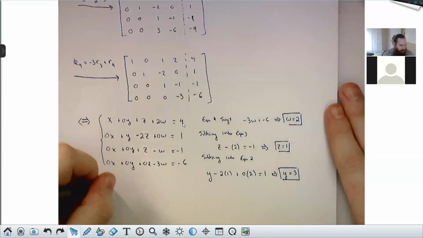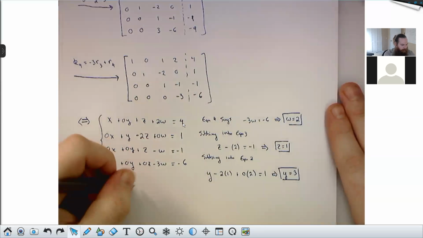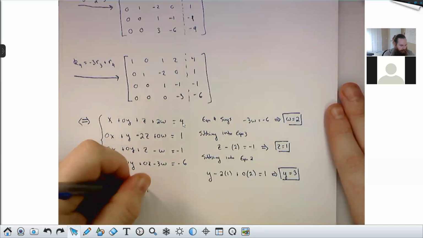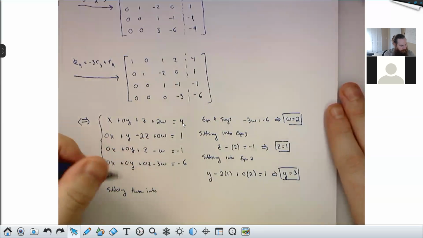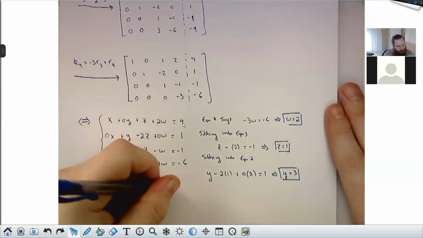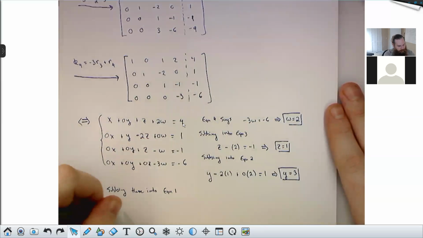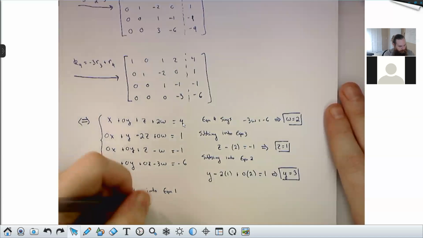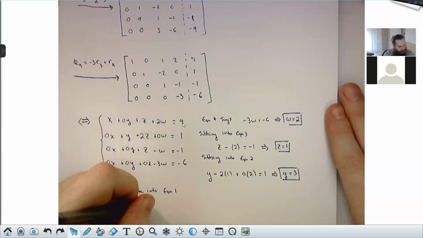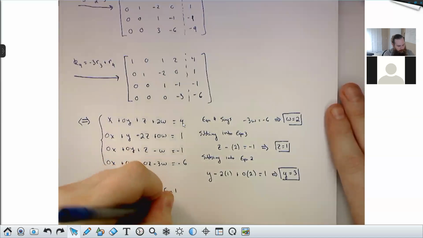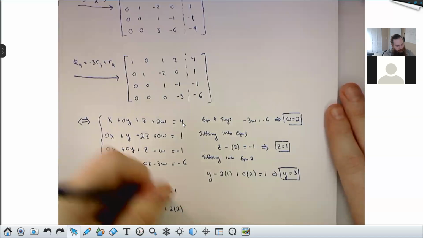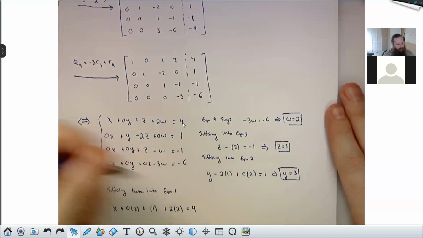And now subbing all these into equation 1, we get x plus 0 times 3 plus 1 times 1 plus 2 times 2 equals 4.